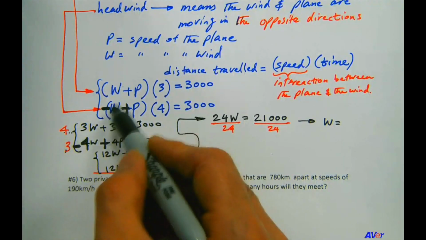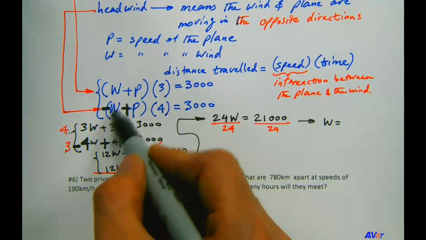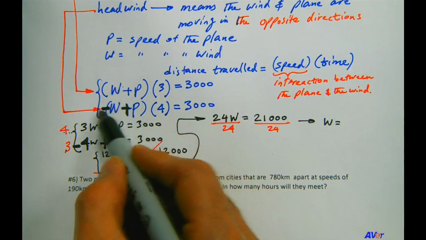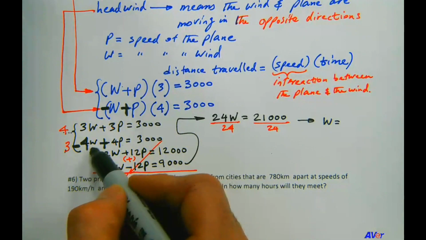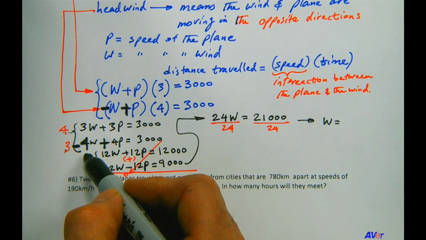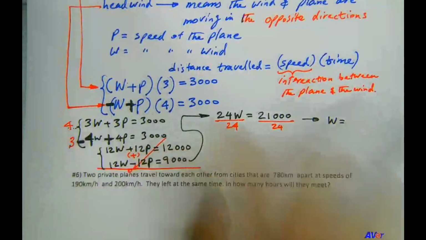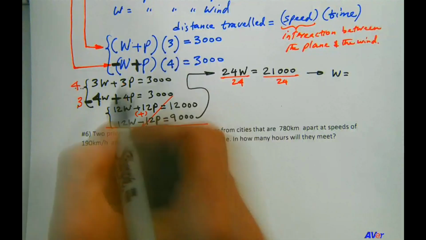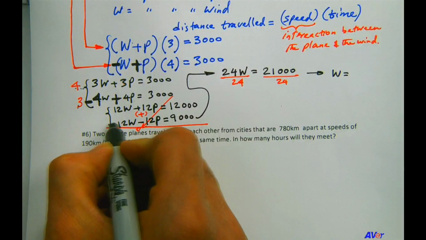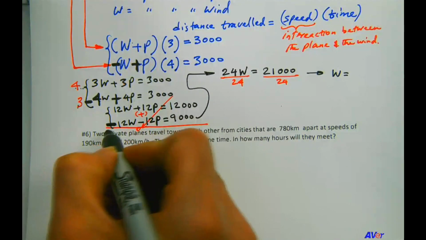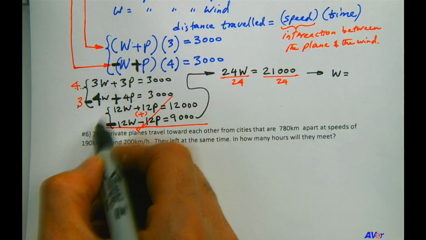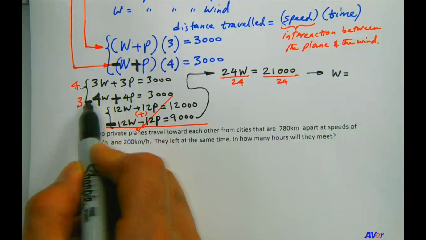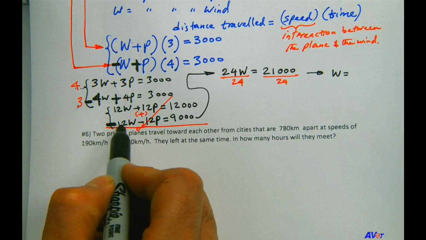Okay, so then when we distribute the 4, if the wind has the minus 4 coefficient, then when we multiply the bottom and top equations by these numbers, it's the wind that is going to have opposite algebraic signs, right? 4 times 3W, 12W, 3 times minus 4, minus 12W.